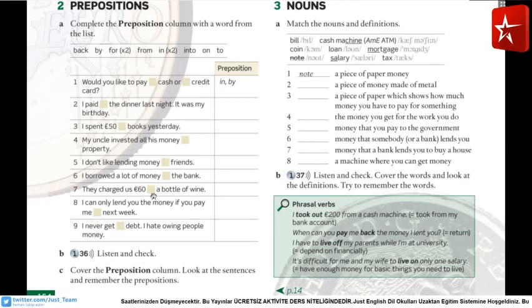If you see, we have multiplied 2, it means we will use for twice. So they charged us 60 euros for a bottle of wine. We use for in number 7.